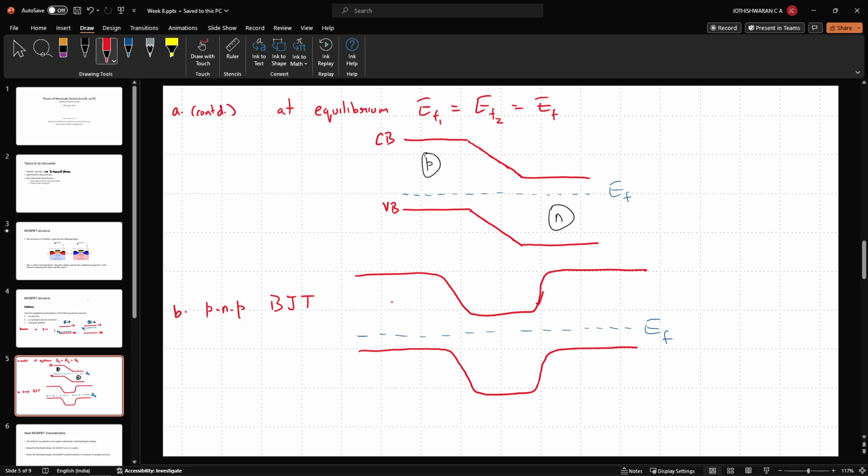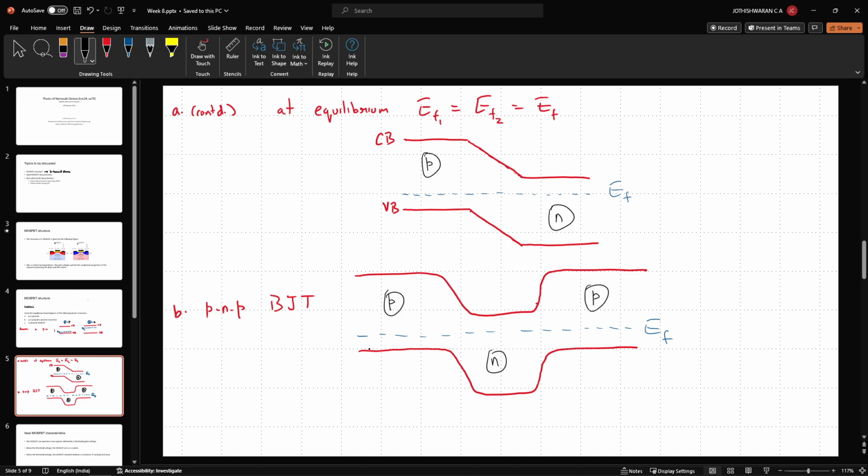So as pointed out before, this is the P region, this is the N region where the Fermi level is closer to the conduction band rather than the valence band, and we have the, oh sorry, not N, it's the P region again, apologies for that. So this is the P region again. So this is how the band diagram will look for the PNP bipolar junction transistor.